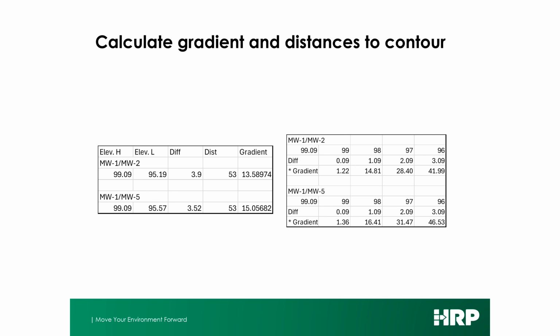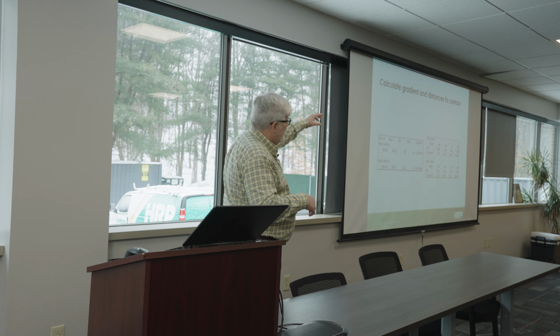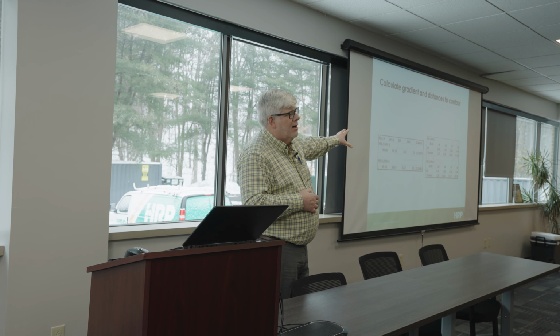So the distance between, 53 divided by 3.9 is 13.58769, and 53 divided by 3.52 is 15.05682. Obviously, I did all this on my calculator and then put it into Excel for presentation purposes, because you can't see my calculator.